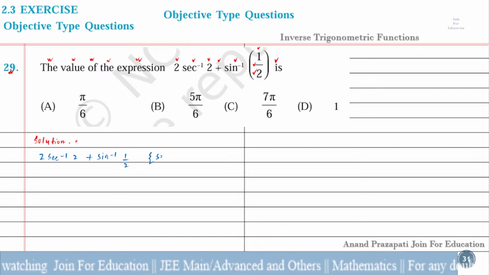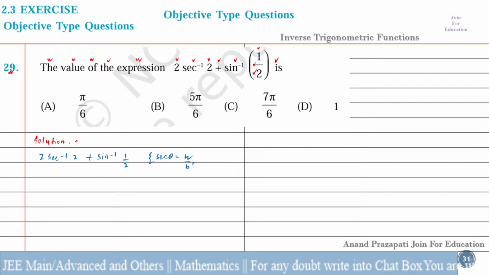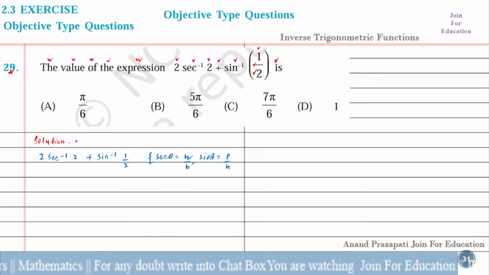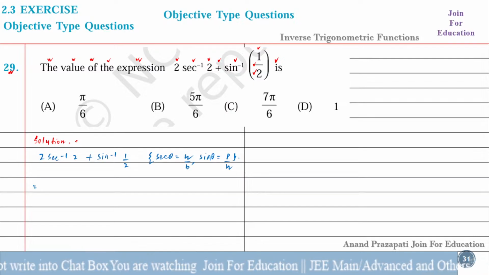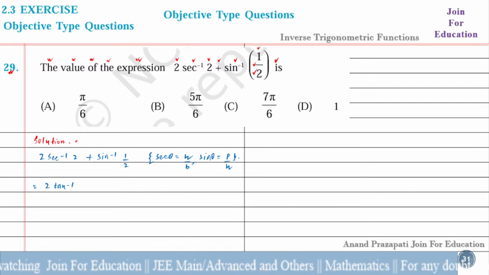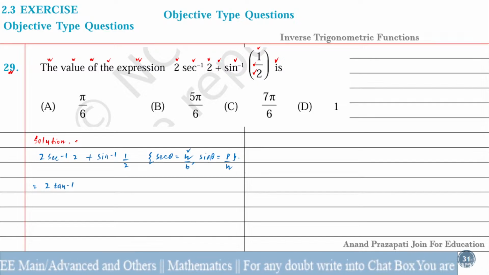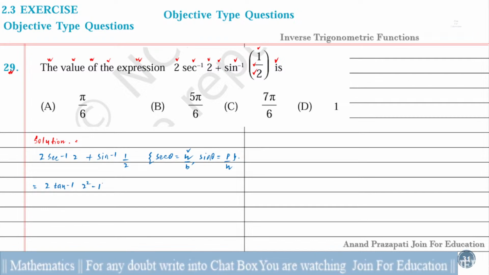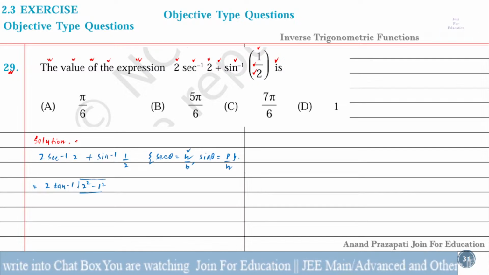We know that sec theta equal to h by b and sin theta equal to p by h. So your next step will be equal to 2 and we write down here tan inverse and we need p by b. So here p equal to 2 square minus 1 square over root by 1.